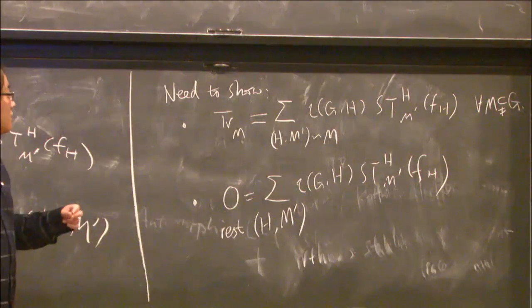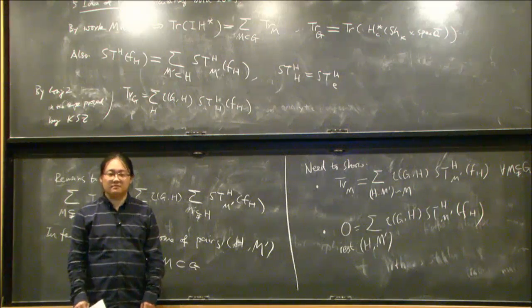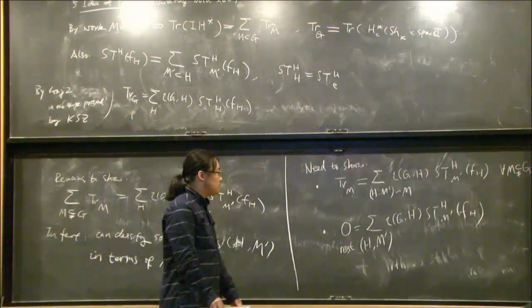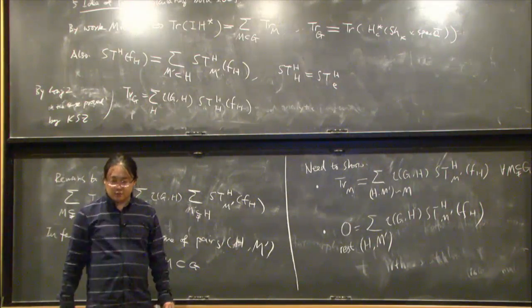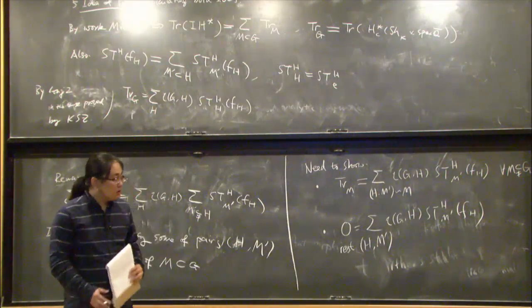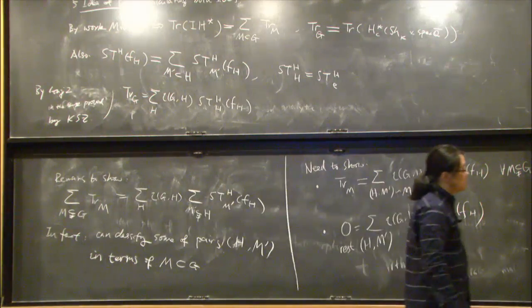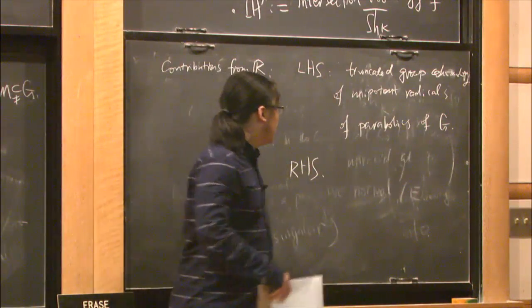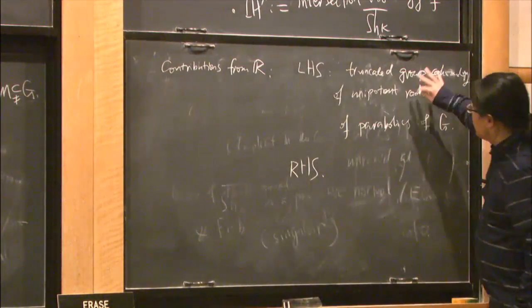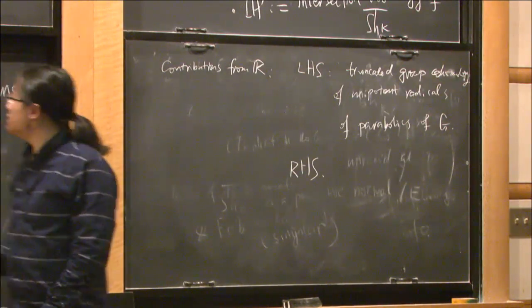But here, the compact support cohomology is with coefficients in a very non-trivial local system. Even if you are only interested in the trivial local system on the open part, when you go to the boundary, you get non-trivial coefficient systems. And these non-trivial coefficient systems are basically determined by this truncated group cohomology of unipotent radicals. So terms like these show up on the left-hand side.